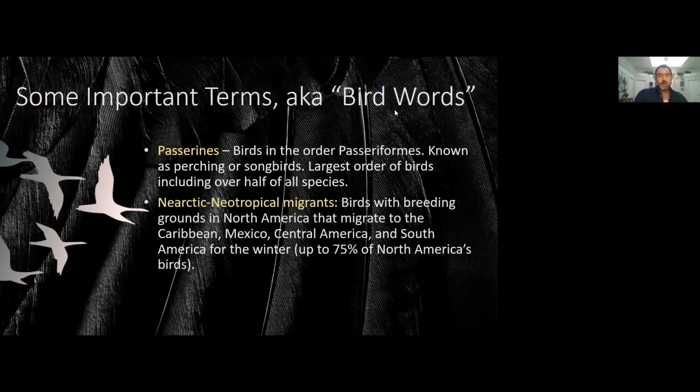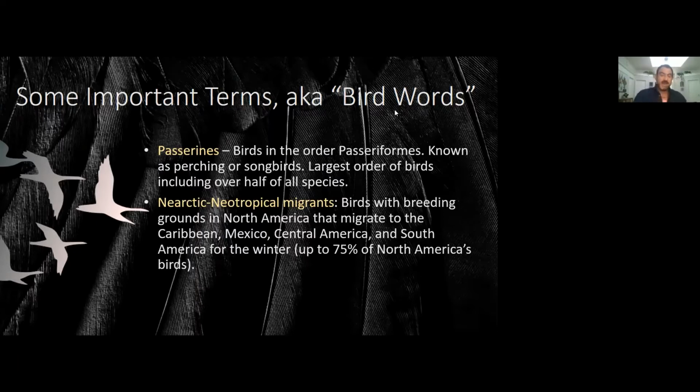And then that term, Nearctic neotropical migrant. These are birds with breeding grounds in North America that migrate to the Caribbean, Mexico, Central America, and South America for the winter. This includes up to 75% of North America's birds. A lot of folks will just use the term migratory bird to describe these Nearctic neotropical migrants, or they'll use the term neotropical migrant.